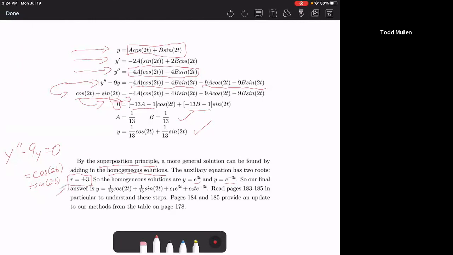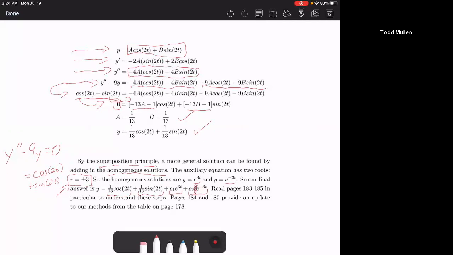Just your R values. So our final, most general solution has the 1 over 13 cos 2t and the 1 over 13 sine 2t, but you also add in both of your homogeneous solutions, c1 e to the 3t plus c2 t e to the negative 3t. And I'm seeing another typo, but typos are okay as long as we catch them.